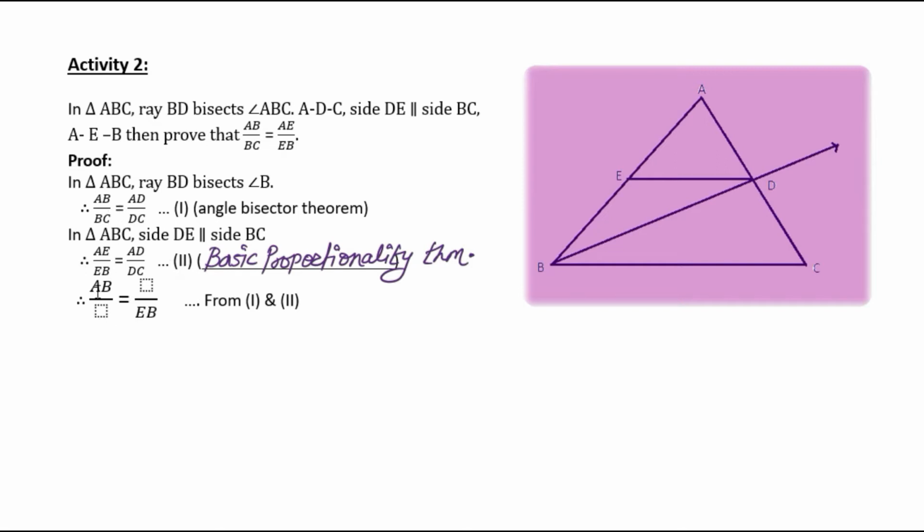So AB upon BC is equal to AE upon EB. So very simple activity, and this is the final answer.